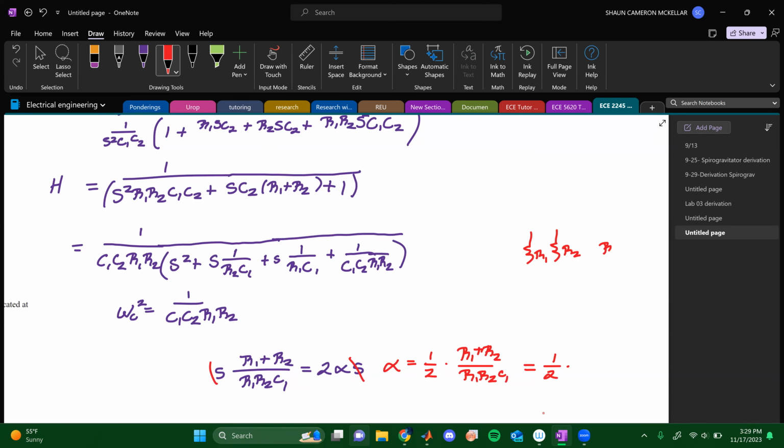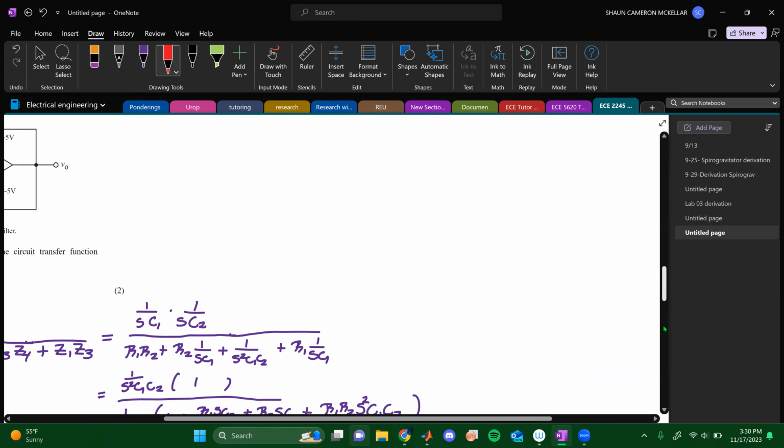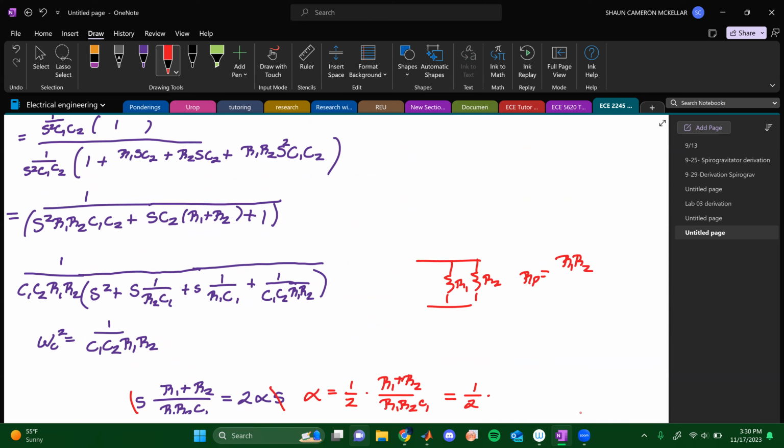The parallel resistance of these two resistors would follow this equation, R1 R2 over the sum. And so what I have here is 1 over C1 times 1 over R1 in parallel with R2.